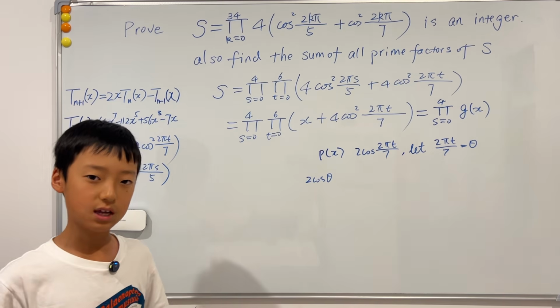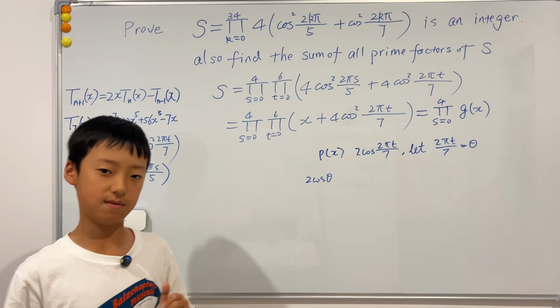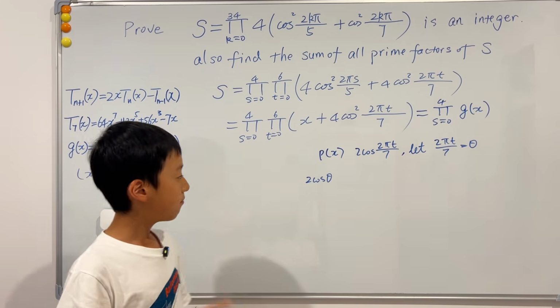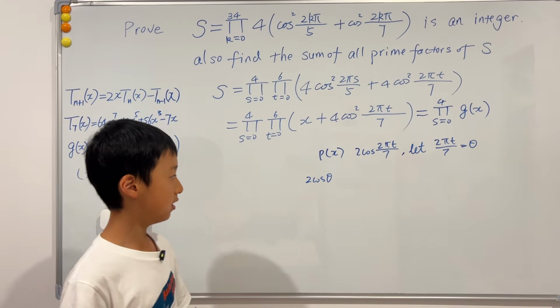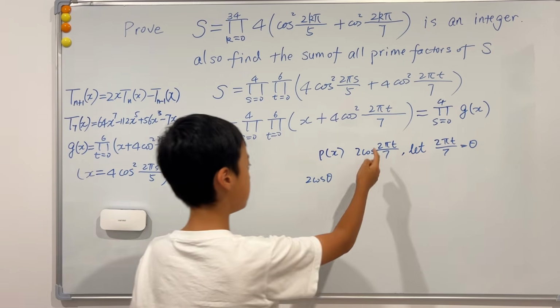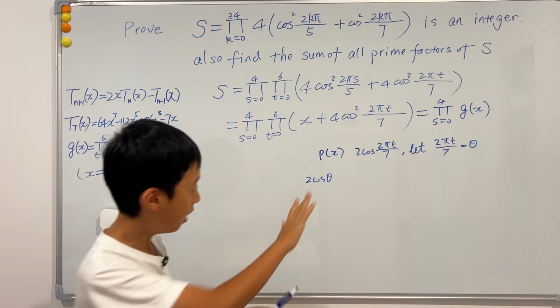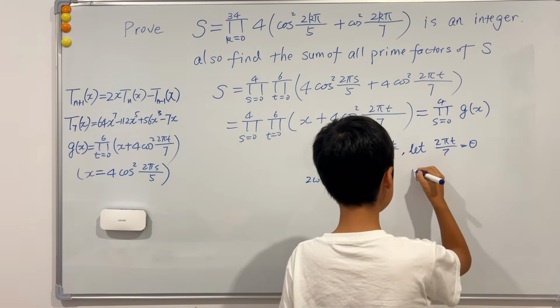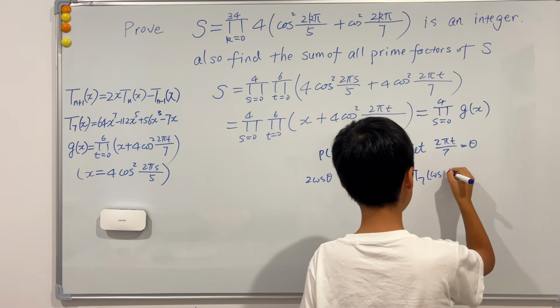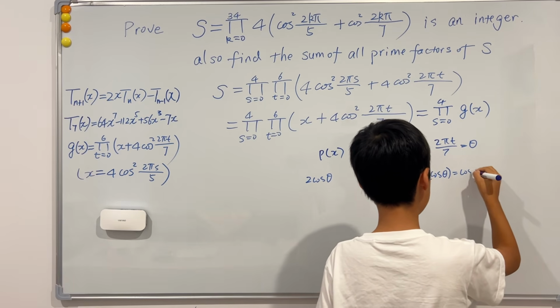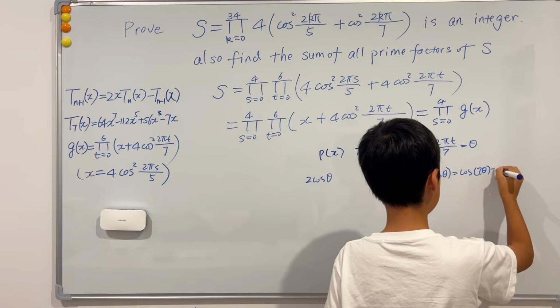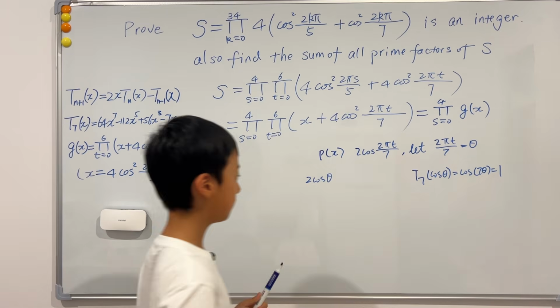If you don't know what that is, I've already explained that in my previous video. Anyways, I think it is T7 of cosine theta because if we see here, cosine of 7 theta will just be 1. I'll write that out for you guys. So T7 of cosine theta, which is equal to cosine of 7 theta, is equal to 1 because of this.